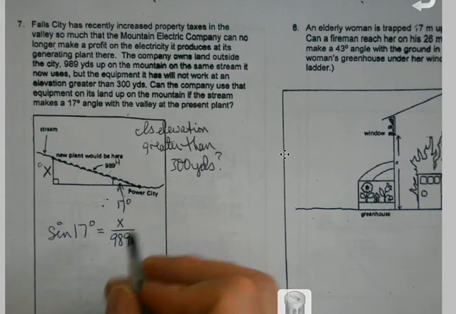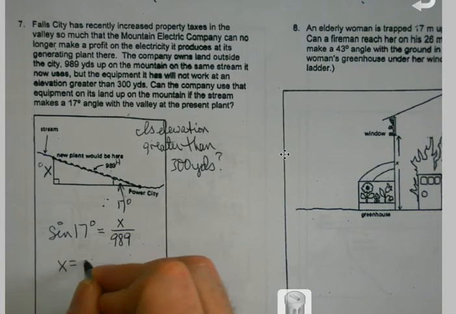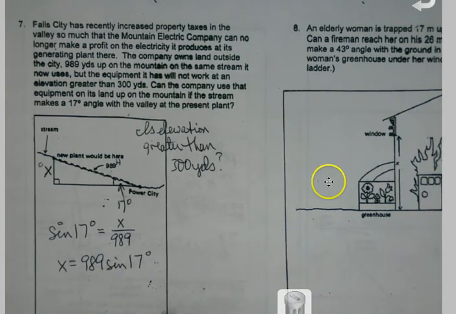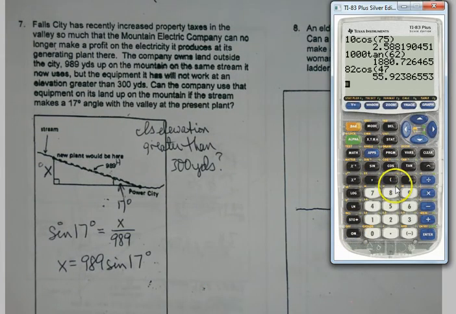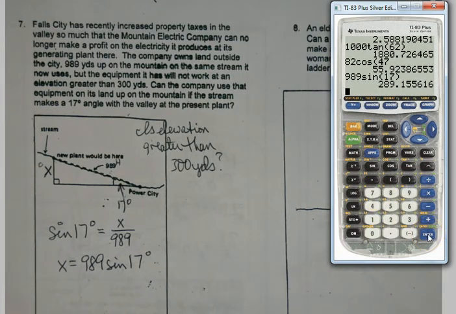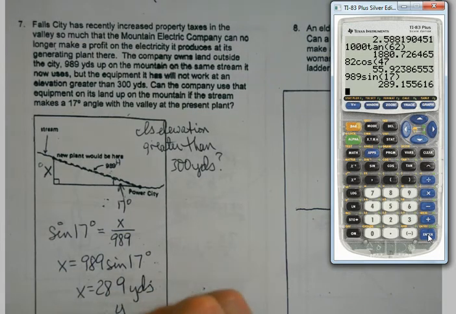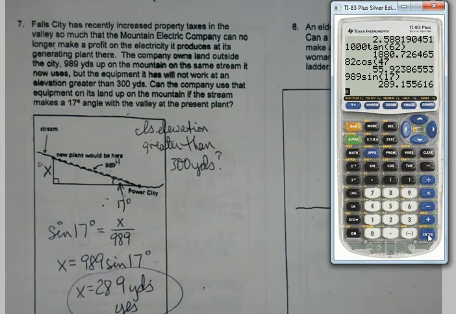So I go ahead, I multiply by my 989 to both sides. And let's see if we're going to make this move or if we're going bankrupt. Oh, we squeeze in. So since we're under the 300, we're okay. Our equipment will still work.